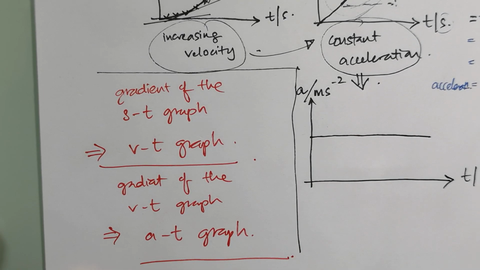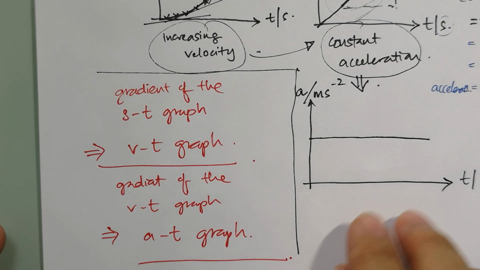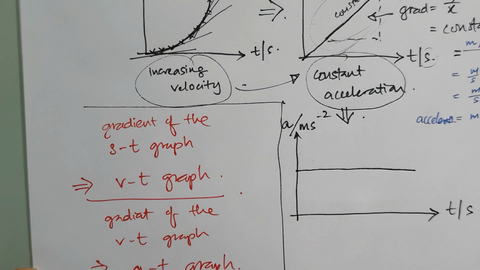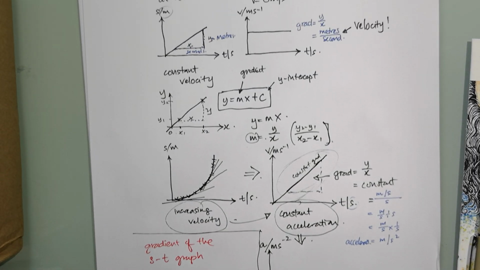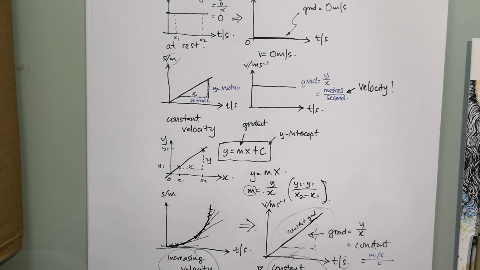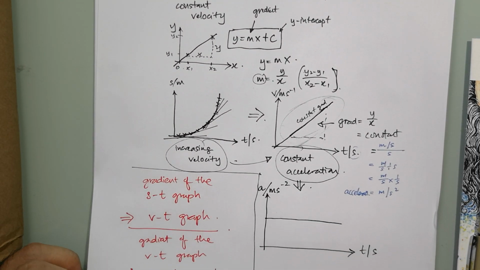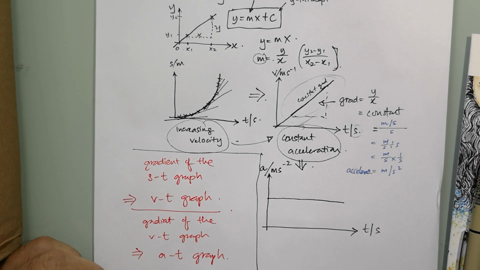All right. So if you appreciate this idea about the gradient, you begin to understand how the three graphs actually match. Okay, this is pretty high level, but I hope you see that link between mathematics and the physics part. Okay, all right, see you.